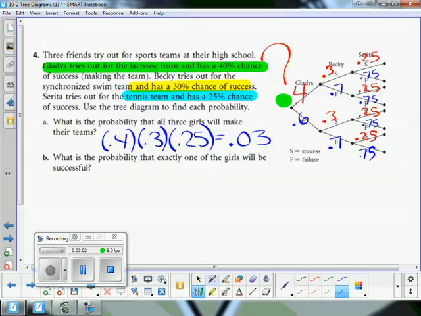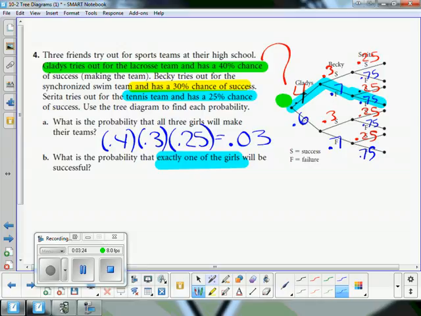Now for part B, what is the probability that exactly one of the girls will be successful? Exactly one. So I'm going to highlight the paths that have exactly one girl being successful. So if Gladys was successful, it would be here. For the other 2 to not be successful, I would follow both blue paths, or both Fs.